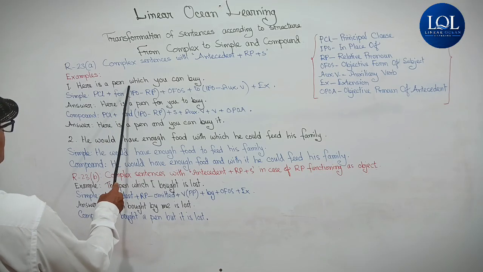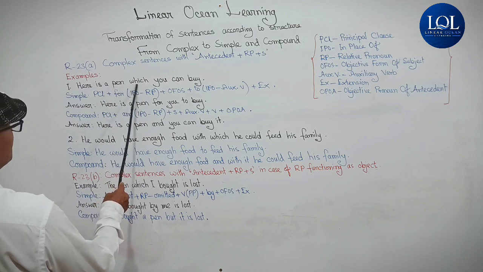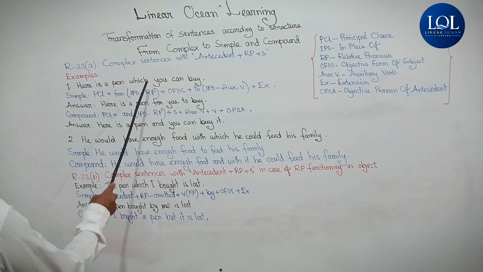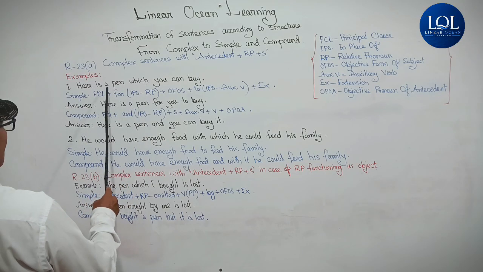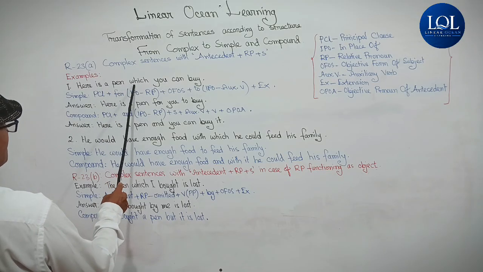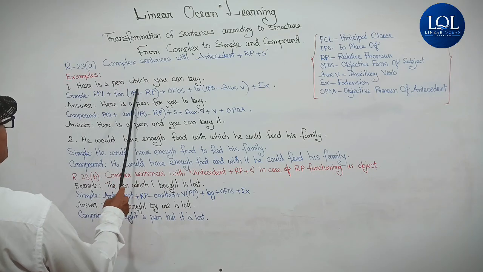It's an object, and that's why it is "which". "A pen" is the antecedent of the relative pronoun "which", and it is a condition of a relative pronoun: unless we get a noun or a pronoun before a WH word, it will not be a relative pronoun.